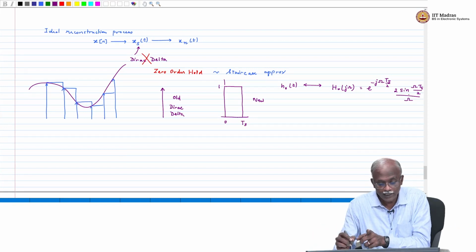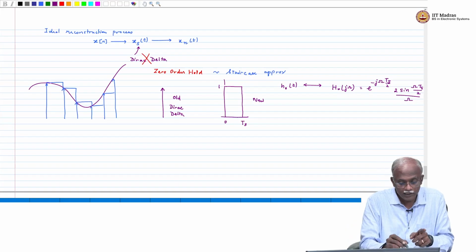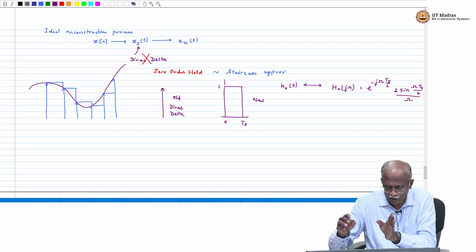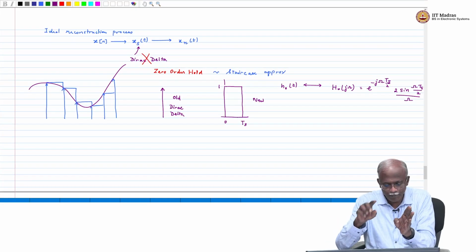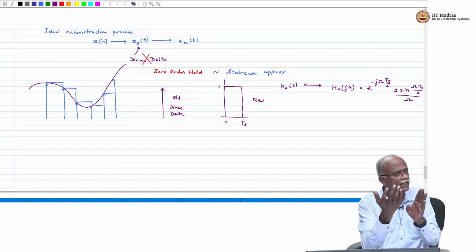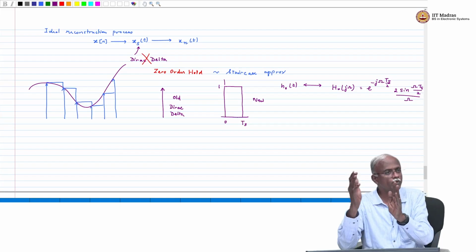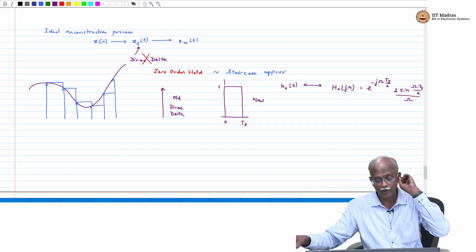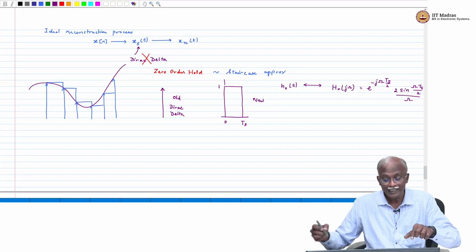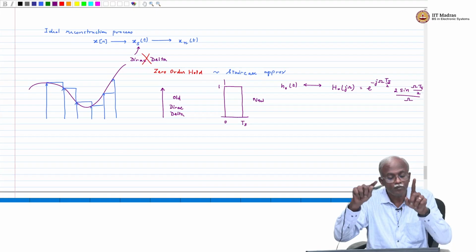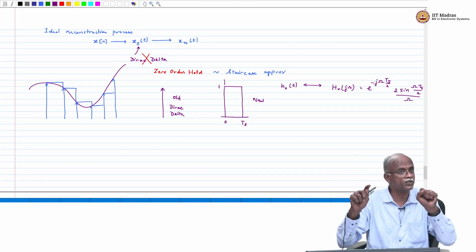So, what is happening, this particular pulse shape is getting convolved with your Dirac delta. You can think of it as this H0 of t is getting convolved with your Dirac delta to produce the staircase function. So, the new waveform, what is the spectrum of the staircase function?